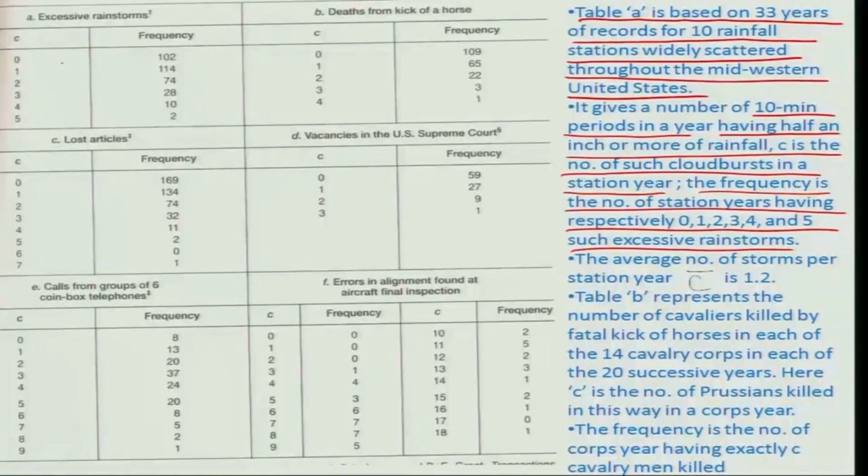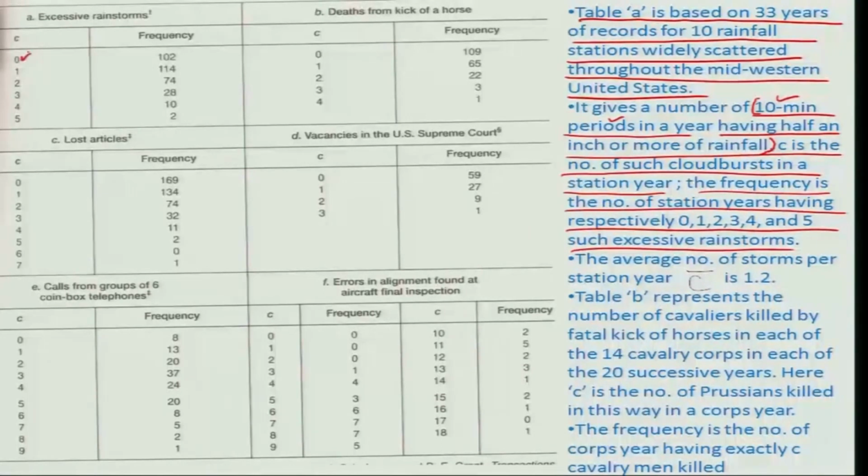So, here for example, this excessive rainstorm has been categorized to be a, let us say, 10-minute period in a particular year having half an inch or more of rainfall. So, C is basically representative of how many such periods are available.